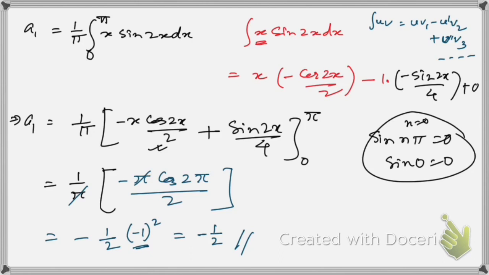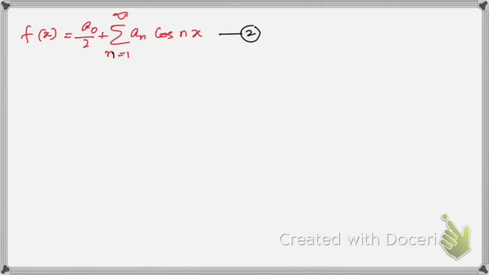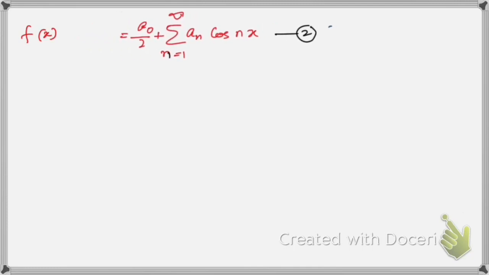Now let me go to the new slide. Here you can see this is the Fourier expansion of the given function. Our given function is nothing but x sine x, right? So that's what we have got. We have got the value of a naught.